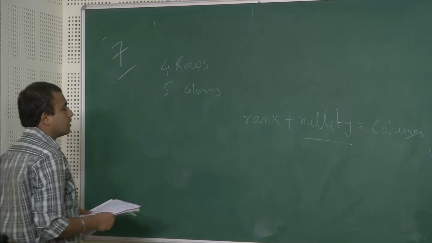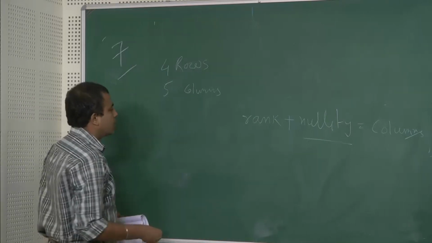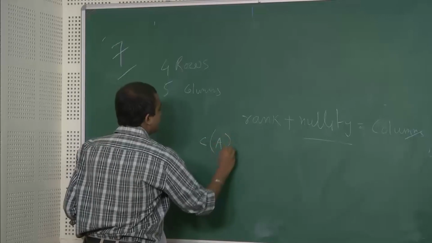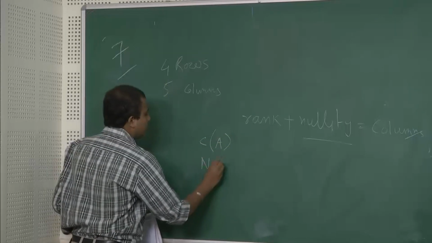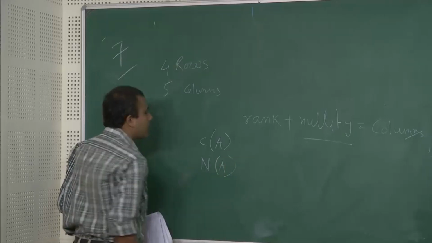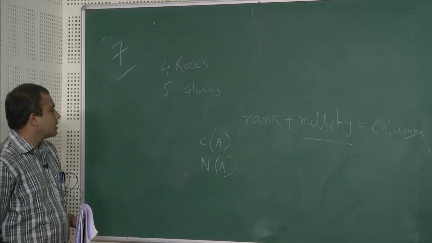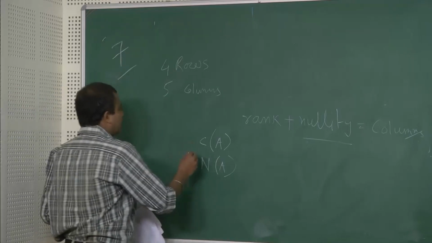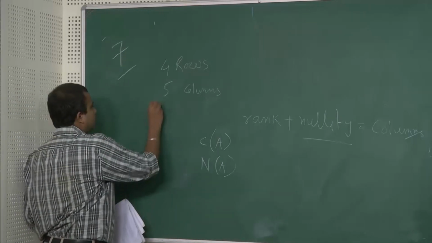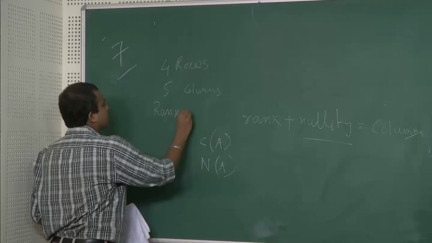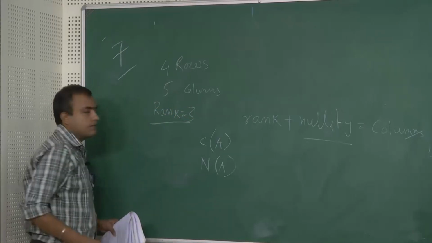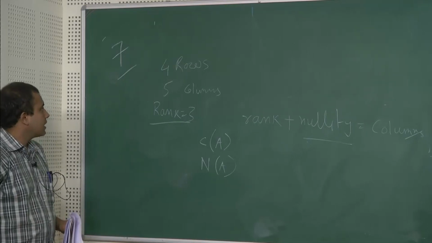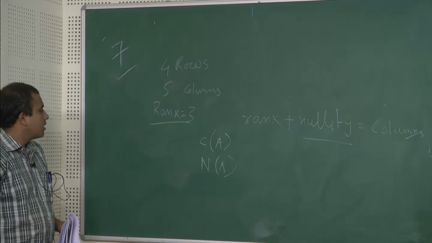For the determination of the column space, let's denote C(A) as the column space of A and N(A) as the null space of A. So, if we denote that, then because here the rank will turn out to be 3, okay, that I should give you in advance. First 3 columns will be independent. So, rank is 3, nullity is 2.